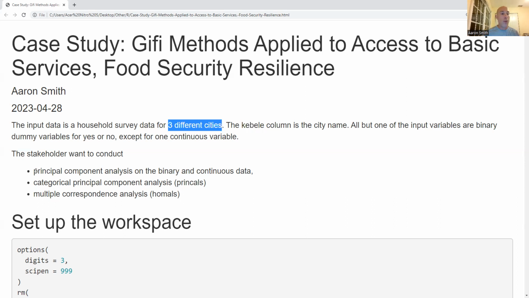All right, so one thing I want to say about this first bit, this principal component analysis: they've got mostly binary data. And in general, we don't want to use principal component analysis on binary data. Instead, we would want to use princals. True, we should not run principal component analysis for at least what we present to our stakeholders, but it's possible that they might be presenting to stakeholders who aren't comfortable or knowledgeable or receptive to princals or other techniques within the Gifi method range.